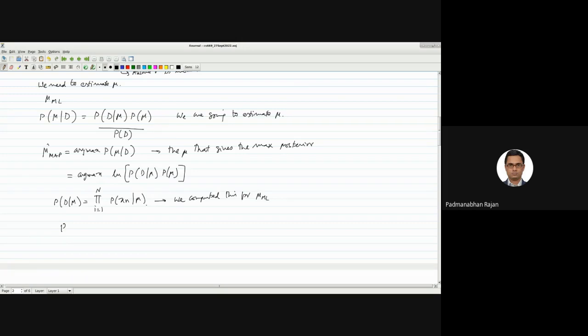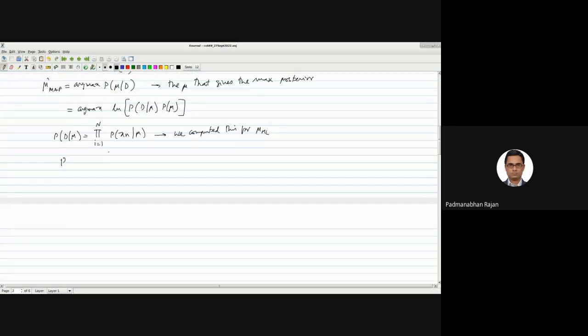This is what we computed for mu ML. We maximized this. So how to handle this term we know. We can get P of D given mu by factorizing and taking the product of the joint densities. And what about P of mu? What is the form for P of mu? That is the prior distribution, for which we are going to assume some parametric form.